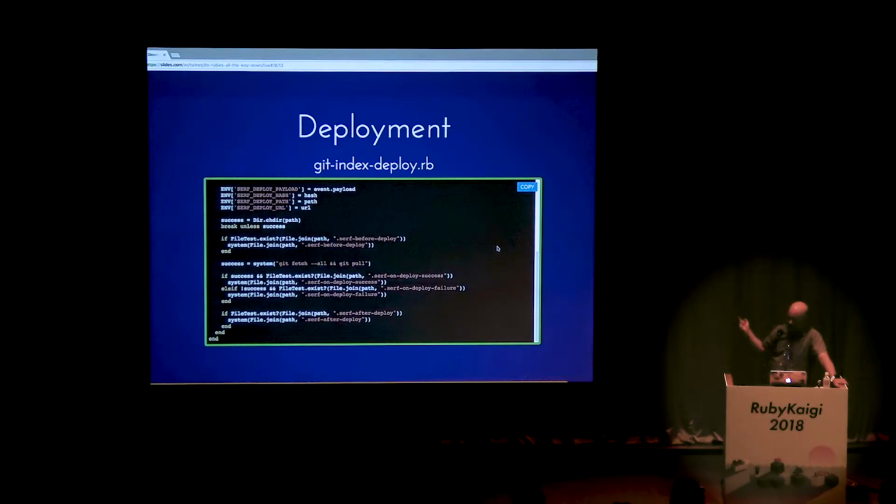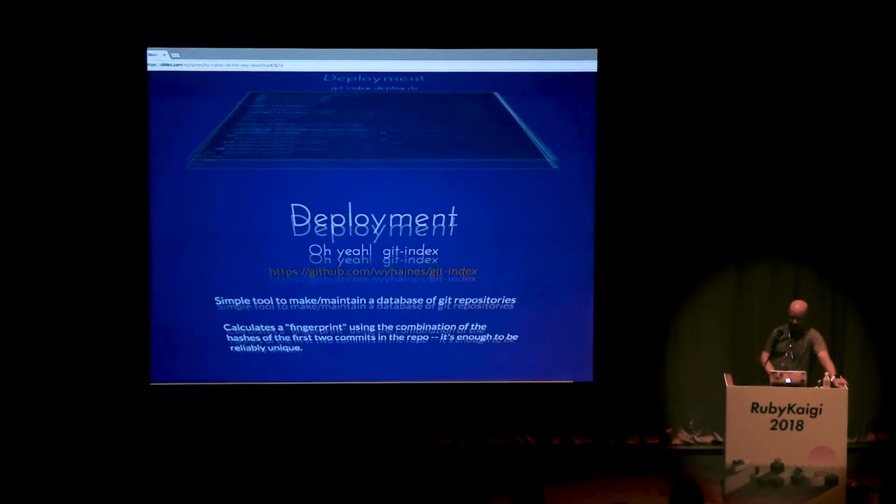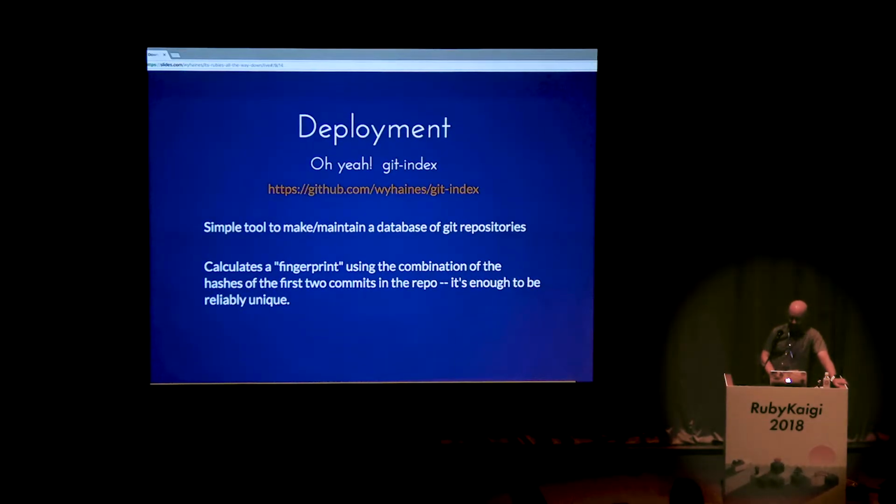It also has some hooks for doing after-deploy things, so you can restart servers and that sort of thing if you want to. And git index is a simple tool that you use to set up a database of directories, and it does a fingerprint of the Git repository there.